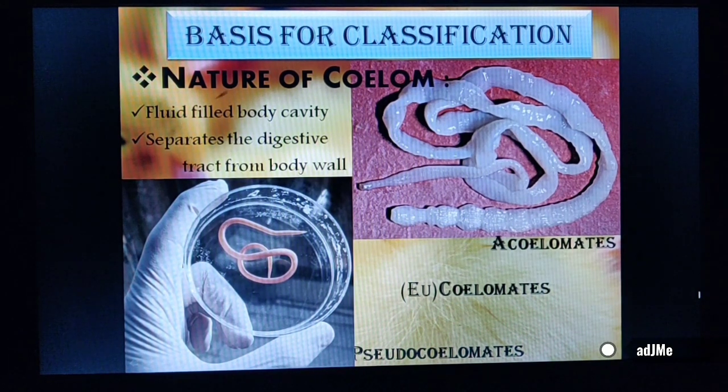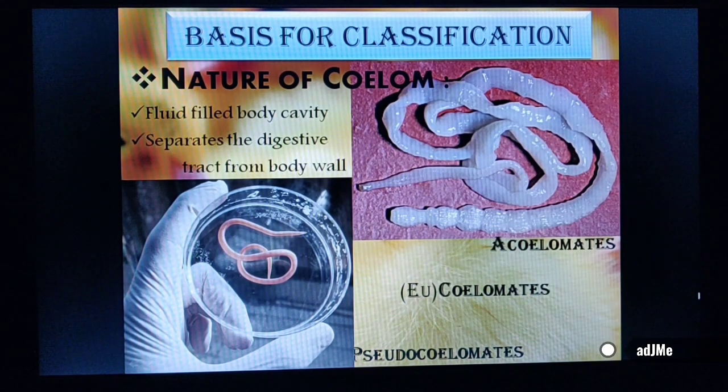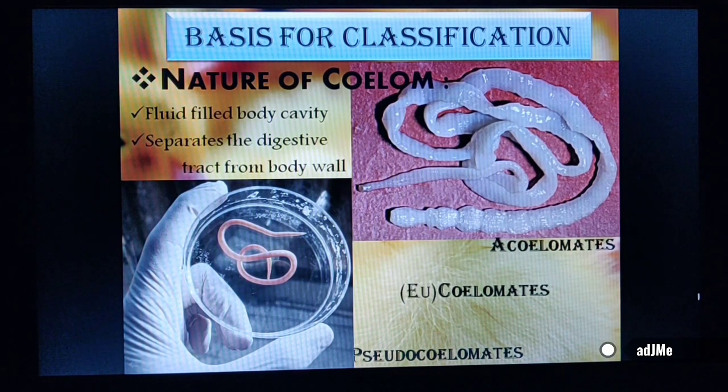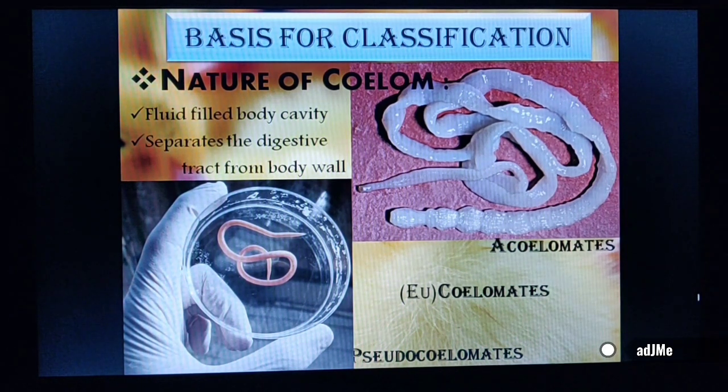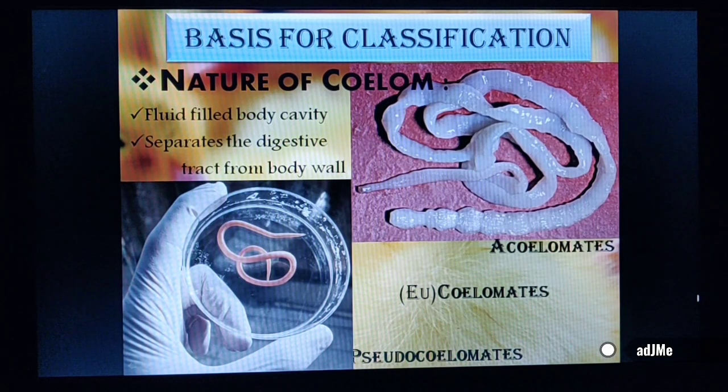Right. So the fourth factor based on which we go for this classification is the nature of coelom. What is coelom? First of all, it is a fluid filled body cavity. A fluid filled body cavity is called coelom, and this coelom separates the digestive tract from the body wall.